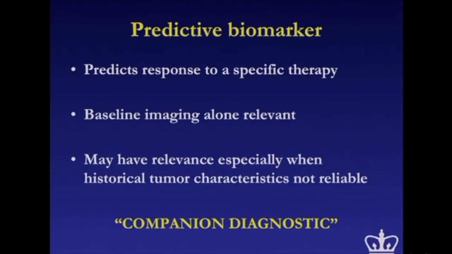There is the example of a histopathology that was used to develop an antibody that is used in breast cancer. This histopathology was an immunohistopathology that determined which patients with breast cancer had a particular oncogene mutation called HER2.